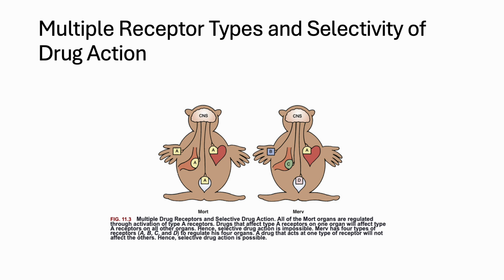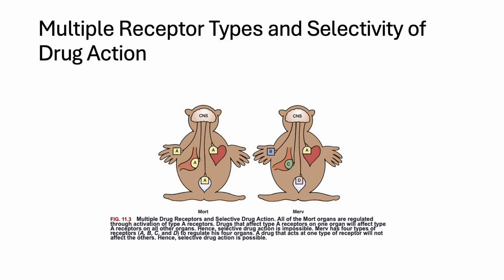Let's begin by talking about Mort first. Mort can perform four different functions that you can see here. He's able to pump blood, digest food, shake hands, and empty the bladder.